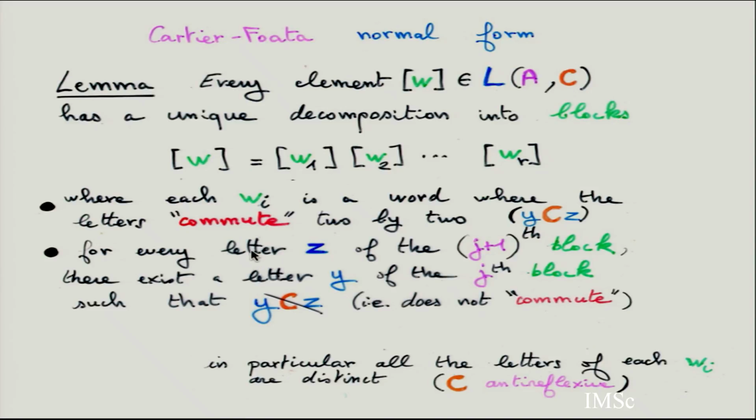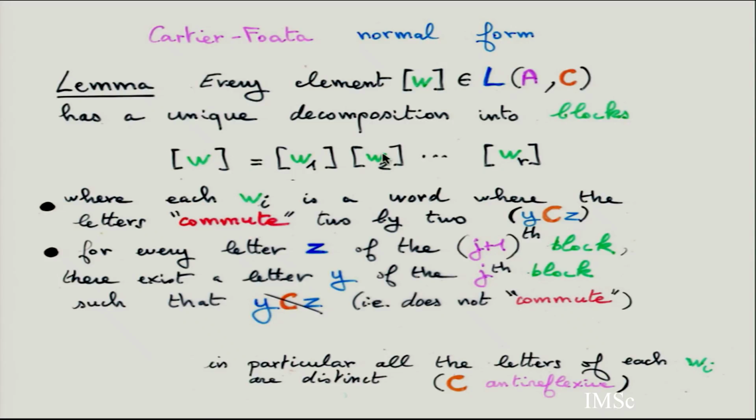Second condition: if you take an integer j, the block number j and the block number j plus 1, for every letter z inside the block j plus 1, there exists a letter y in the block just before, the block number j, such that it does not satisfy the binary relation C, which means y and z do not commute.